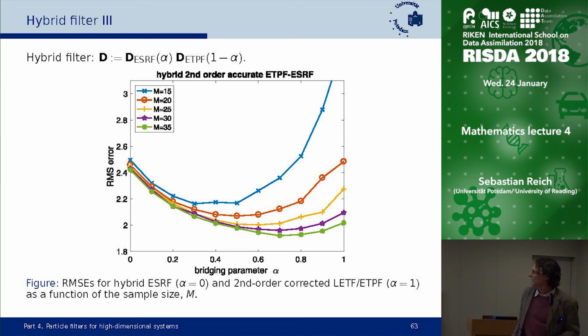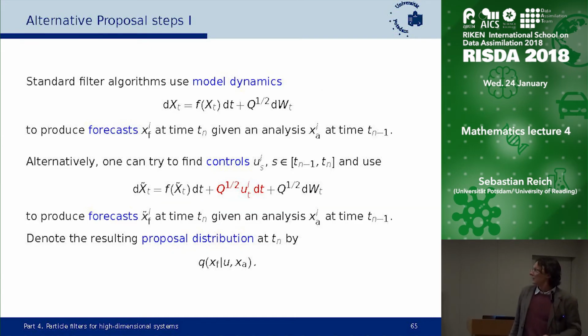That's for Lorenz 96. Anyway, let's finish off with another research direction that I'm not so actively involved in, but that's something Peter Jan van Leeuwen, for example, is promoting, and Alexandre Chorin from Berkeley, going back to this control idea that I mentioned earlier.